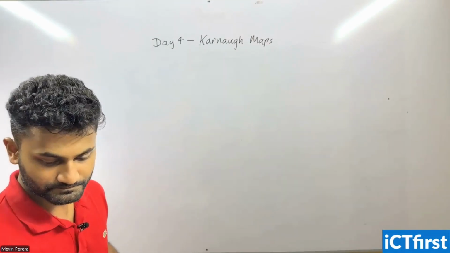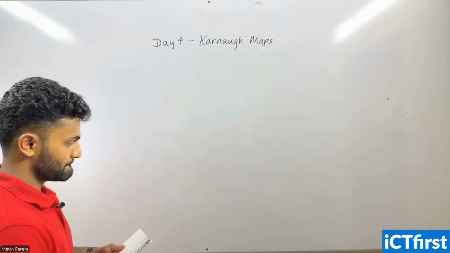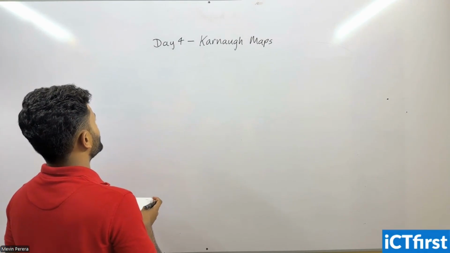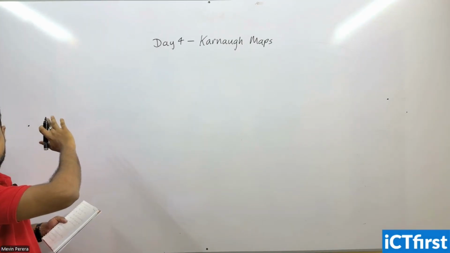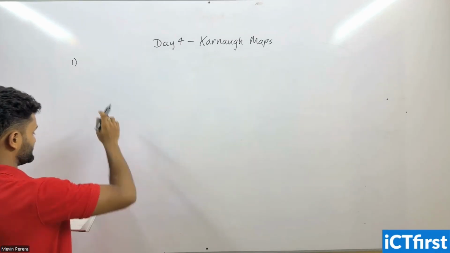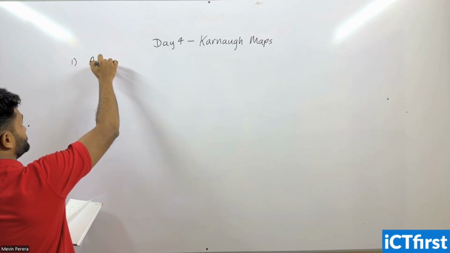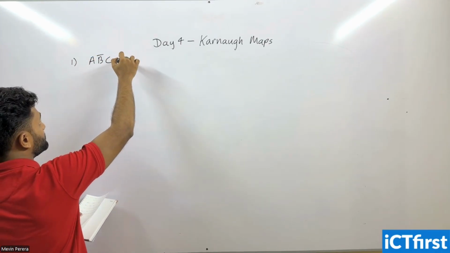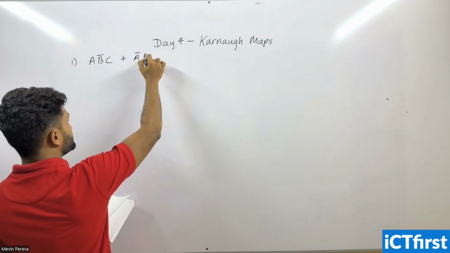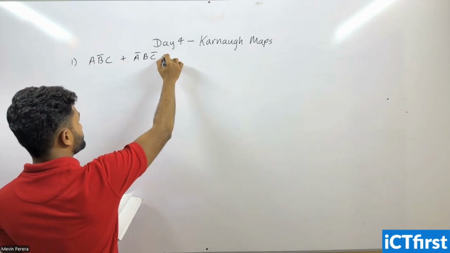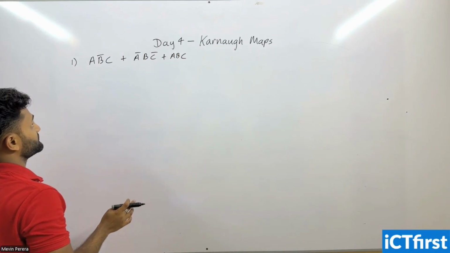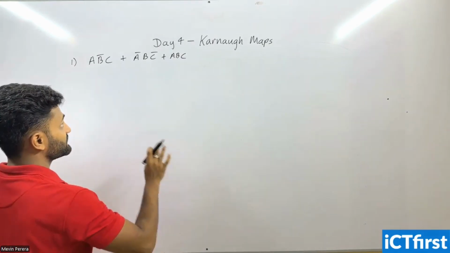Okay, now let's see the first question which I'm giving: A B bar C plus A bar B C bar plus A B C. You have to solve this using Karnaugh maps.